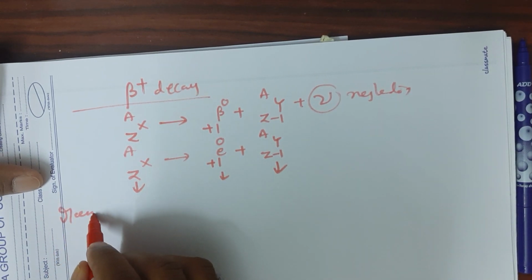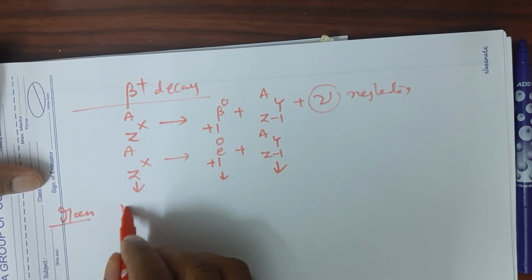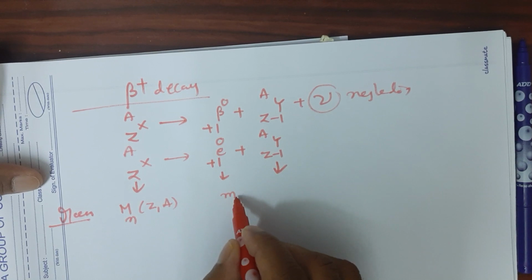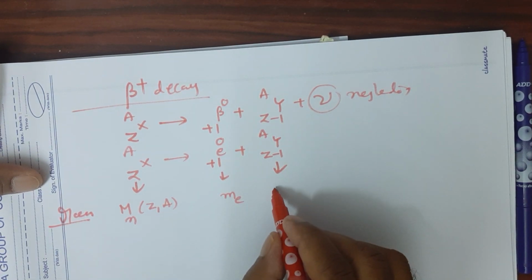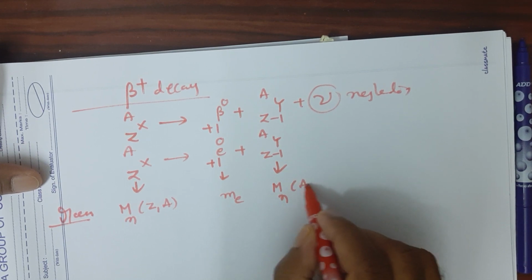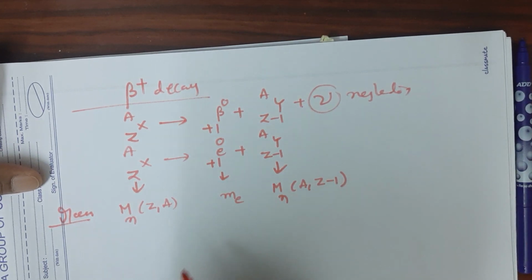If their nuclear masses are denoted as Mn of Z A, electron mass Me, and the daughter nucleus mass Mn of A Z minus 1.